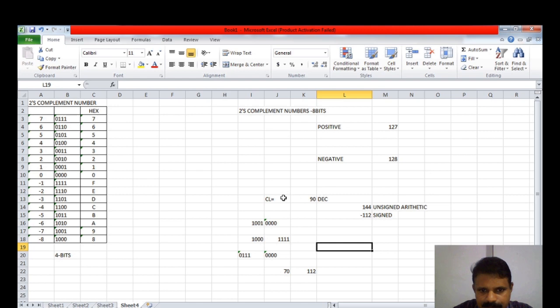Next, let us consider some arithmetic operation with these 8-bit numbers.